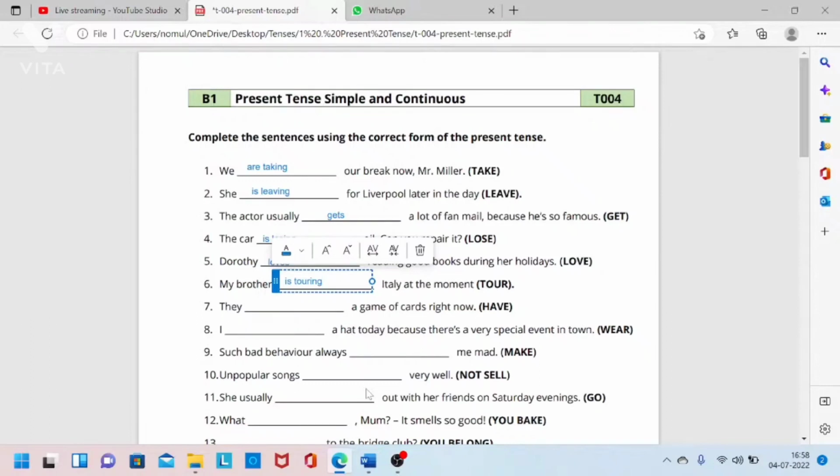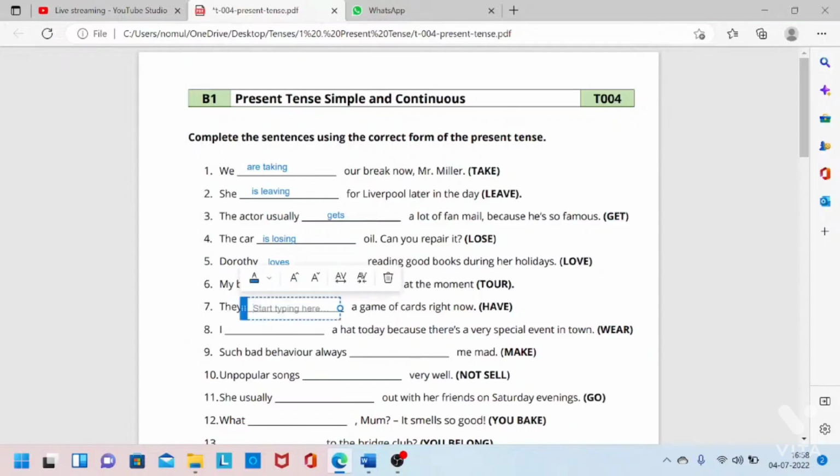And seventh one, they dash a game of cards right now. So they are, okay, they are having, okay, they are having a game of cards right now.